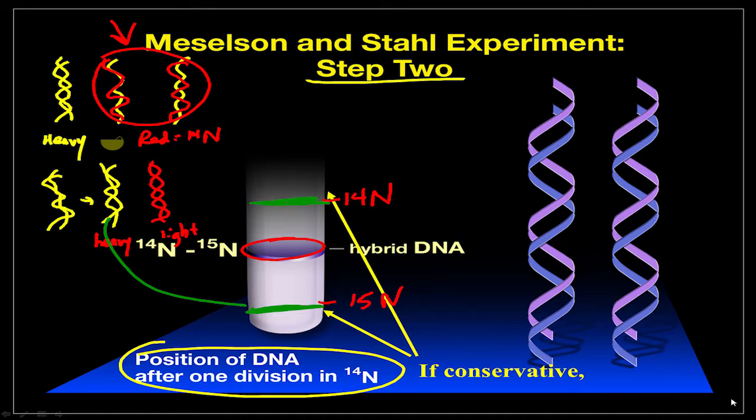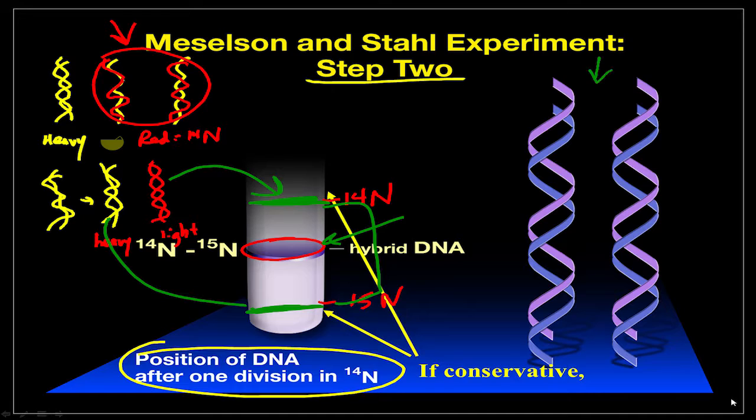And one band up here. So even after the first generation, you can tell that if it was conservative replication, you would have seen these two bands. If it was semi-conservative, you would have seen this one band. And in fact, you saw that one band. So right there, that's strong, strong evidence that semi-conservative replication is what's happening.